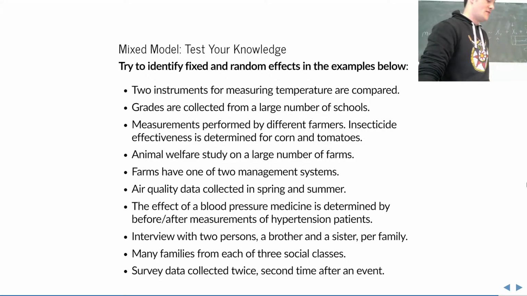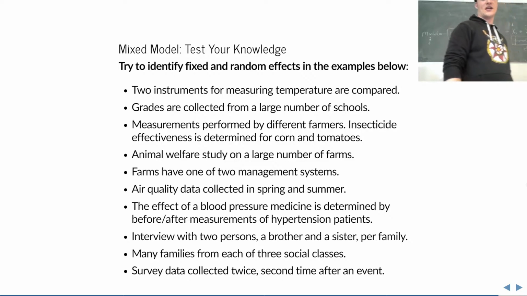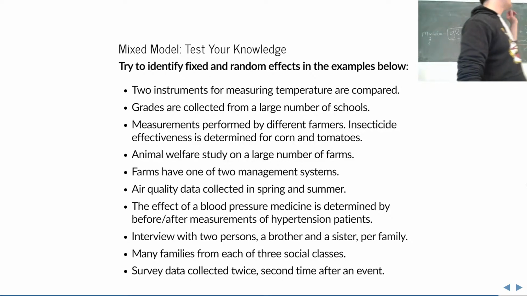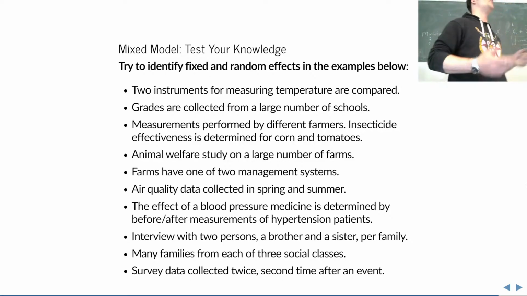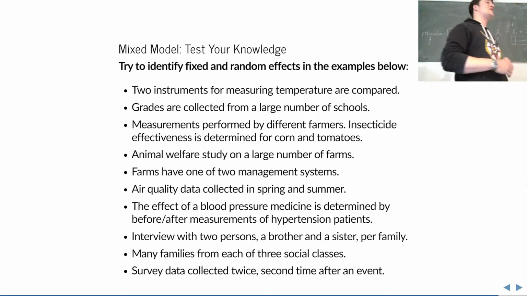This is a self-test. We can discuss this on Monday. So I will also post this on Brightspace. I think I already posted the Word version of this lecture, but I'll check. These are some examples, and you have to identify what the fixed and random effects in this study could be. Of course, these are very short sentences, so I didn't explain the complete study.